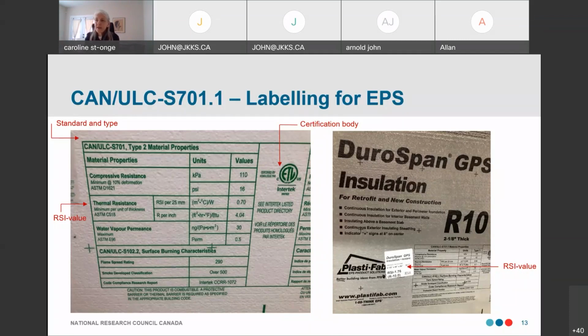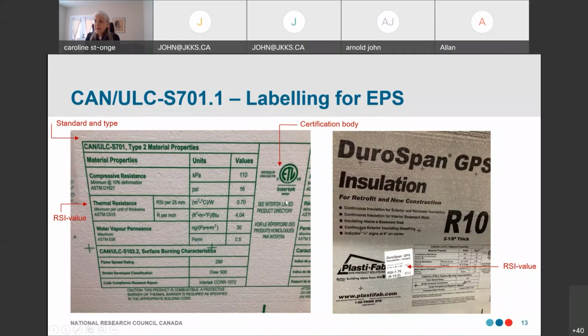I'm showing here on the left side a photo of EPS board where the label has been printed on the board. And you can see the ULC S701 type 2, which is identified properly, and the thermal resistance. Since we're talking about an EPS here, we are talking about thermal resistance in terms of RSI value, not long-term thermal resistance.